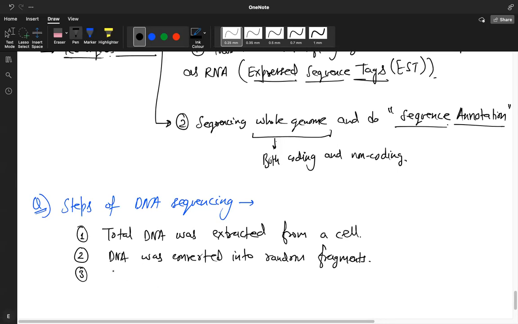Then these fragments were cloned in a host, in other cells. Basically, it can be a bacterial cell or any other cell, using a specialized vector.